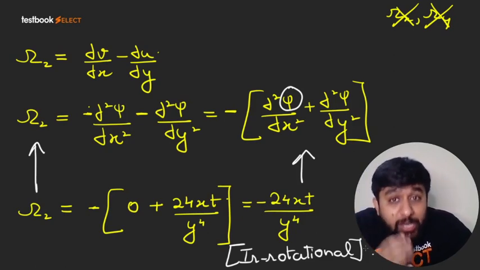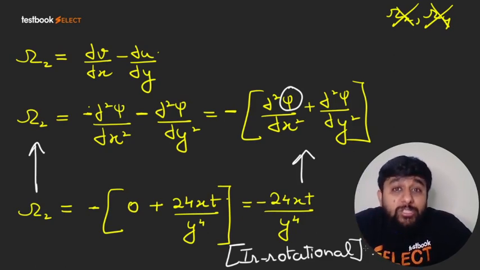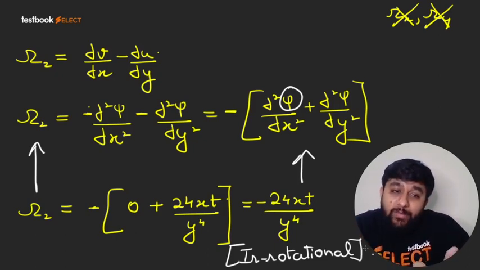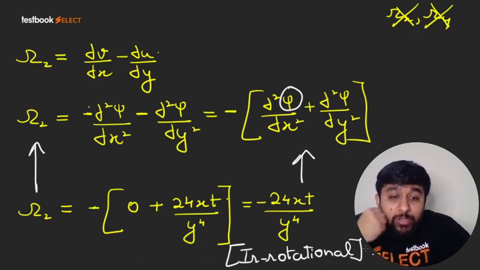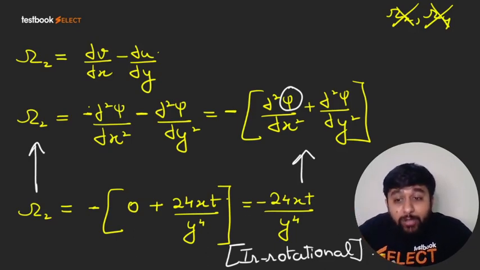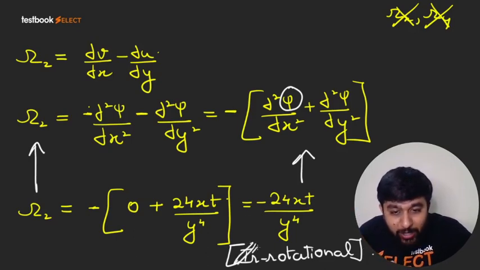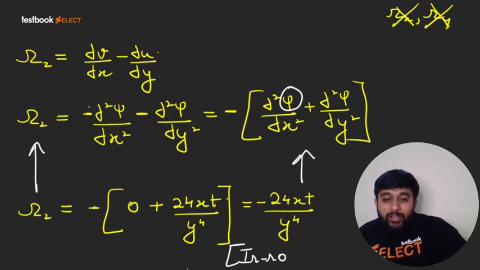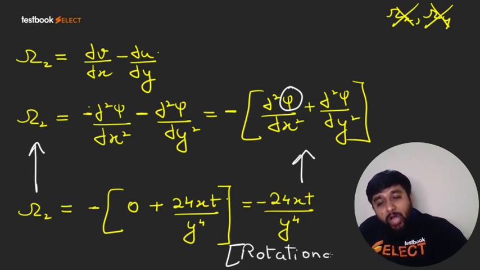If the flow is irrotational, vorticity will be 0 and psi will satisfy the Laplace equation. But if this flow is rotational, vorticity will be non-zero, like in this case. This is not irrotational, it is a rotational flow, because ohm z is non-zero.